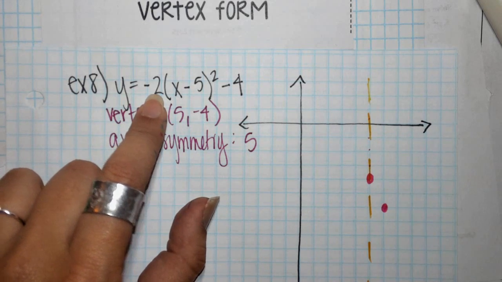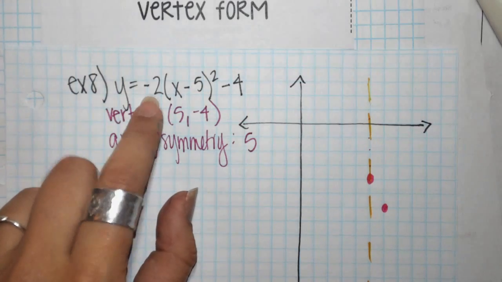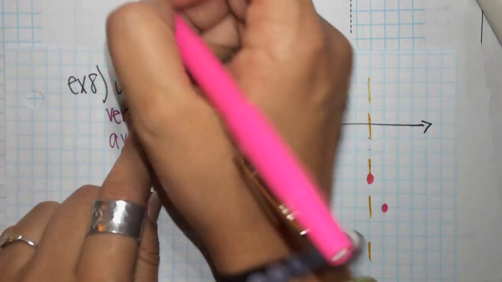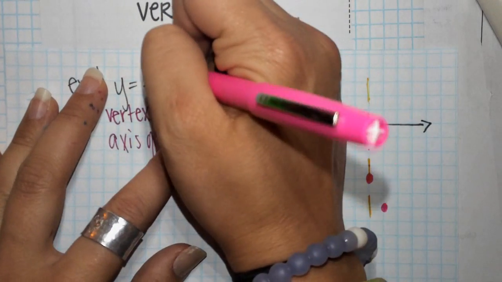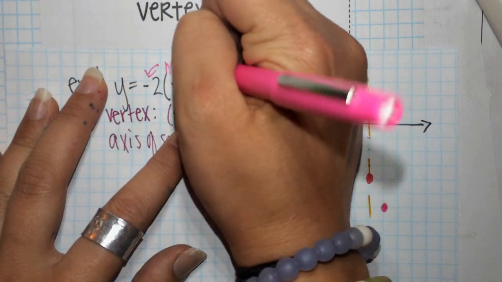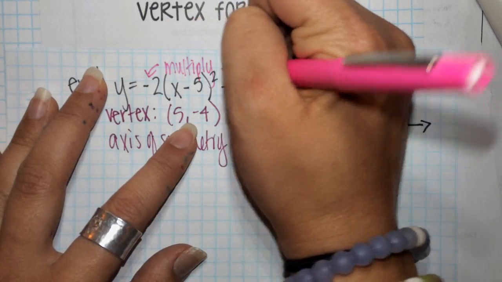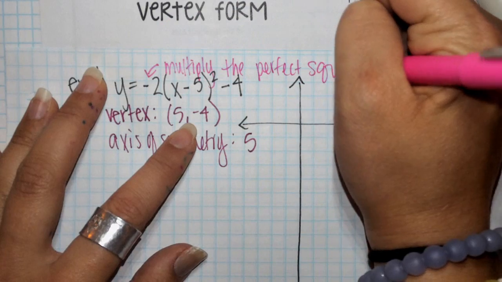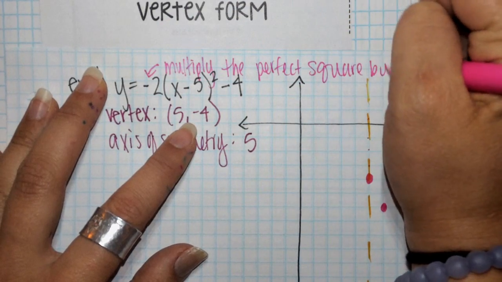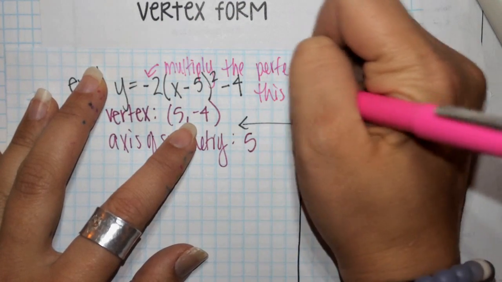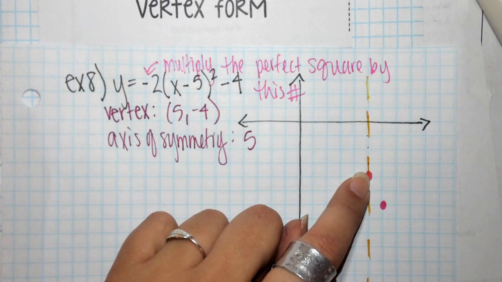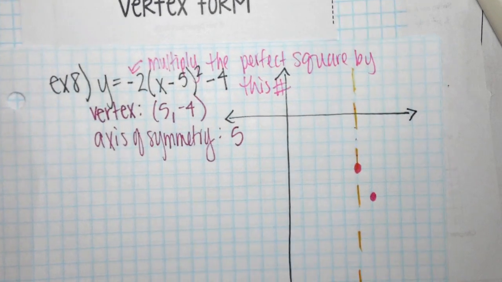So you multiply the perfect square by this number. Alright, so then, what's our next perfect square? 4, right?